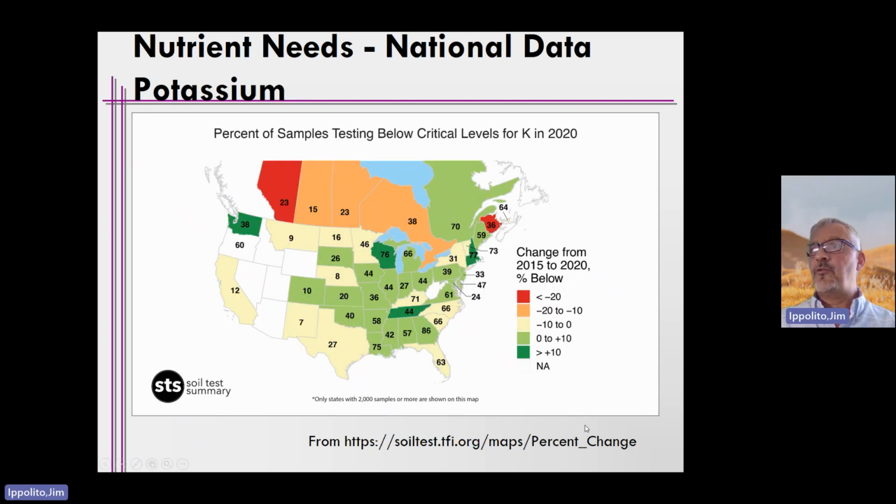Here's another figure. This is potassium. And on the table in your notes, potassium oftentimes falls within 90% or the high category. But that's not always the case.